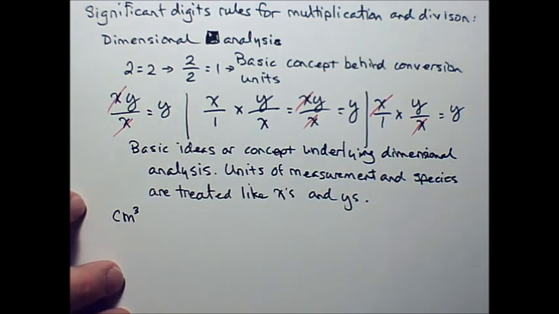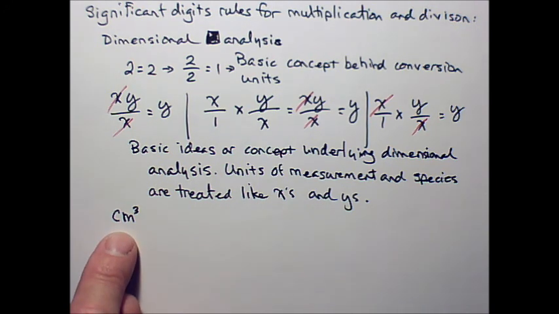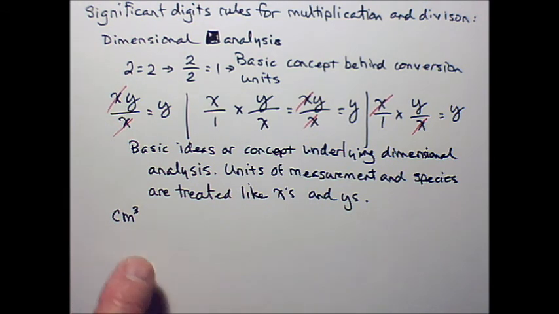That's a cubic centimeter. And what that means is we're measuring a volume. Volume is something that has height and width and depth. And so what we have to do is multiply 3 length measurements to get a volume.